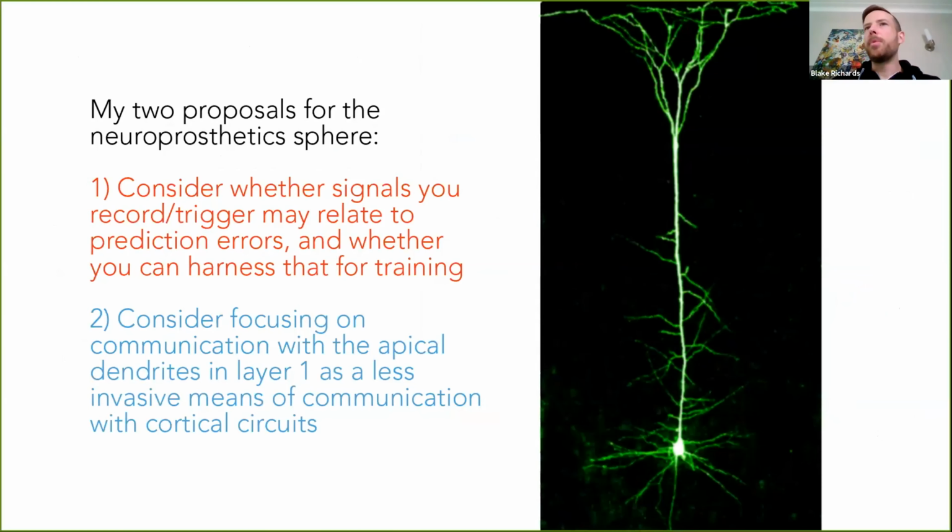What we do know, for example, is that Matthew Larkum, whom I've already mentioned, has a beautiful paper where they show that, in fact, a mouse's ability to detect a stimulus depends in part upon some of these top-down inputs to the apical dendrites and the activation of calcium currents in these apical dendrites.